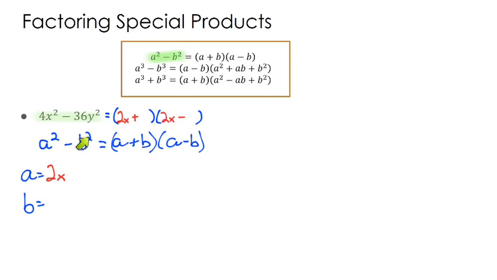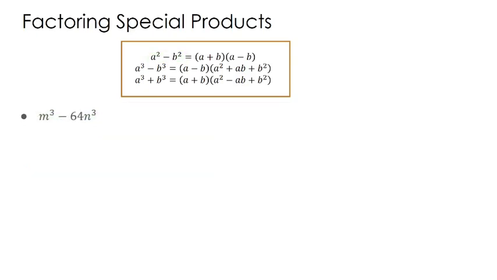Now we're identifying the b value. What number squared gives you 36y squared? What's the square root of this? Hopefully you're saying that's just 6y. So we have 2x plus 6y and 2x minus 6y. This would be our factored form. You could multiply those back together with FOIL or the box method or distribution, whatever method you choose, and you should end up back at this.